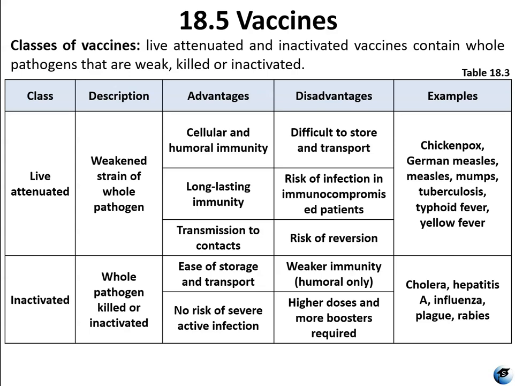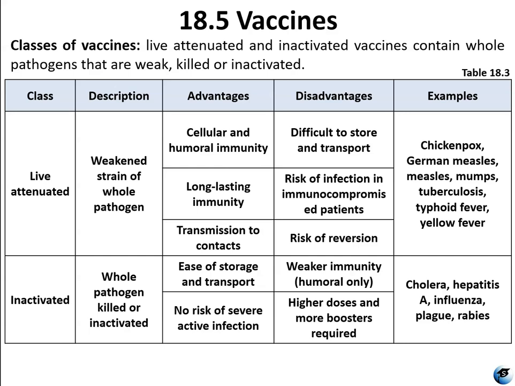The advantages are that they have cellular and humoral immunity. They're long-lasting, and they are easily transmissible. The disadvantages are that they're difficult to store and transport. There is some risk of infection in patients that are already immunocompromised, and there is some risk of reversion, which means that sometimes they don't stick and you have to get more vaccines later in life.